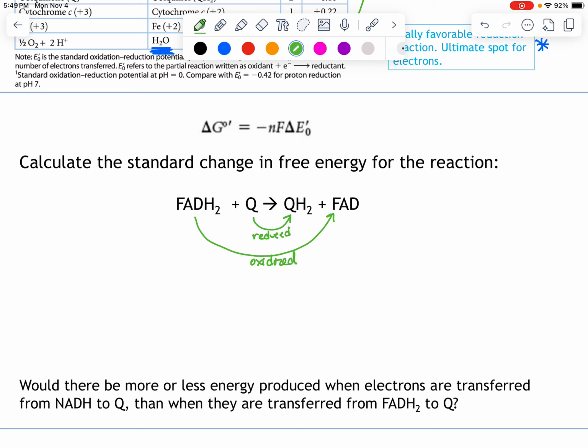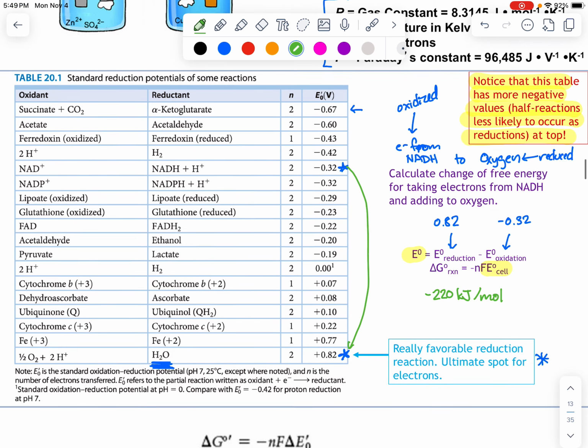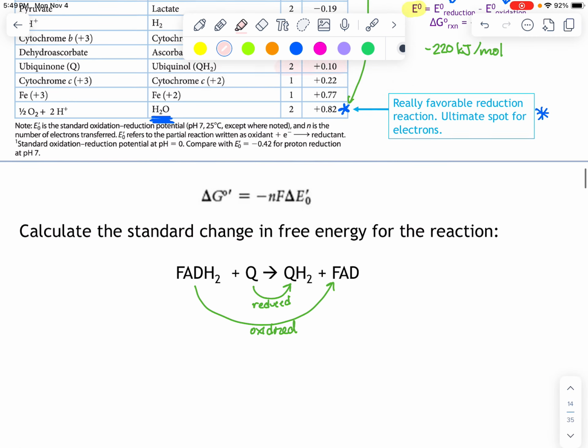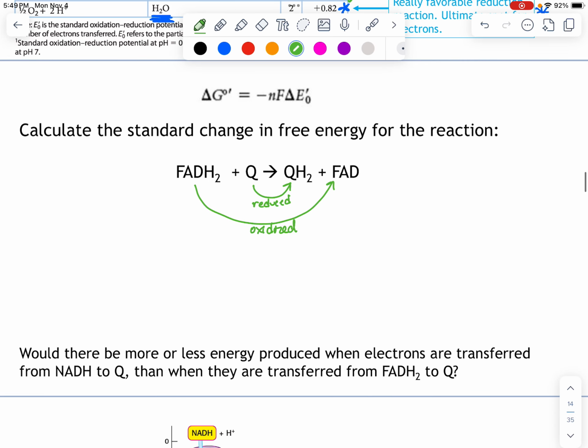So when we look at our table, you come back up here, we are going to have this value, negative 0.22 for the FAD, and Q, ubiquinone, right here, 0.1. I'm going to think, okay, it's reduction minus oxidation. Our ubiquinone is being reduced, so I know that my standard cell potential would be the one being reduced minus the one being oxidized.